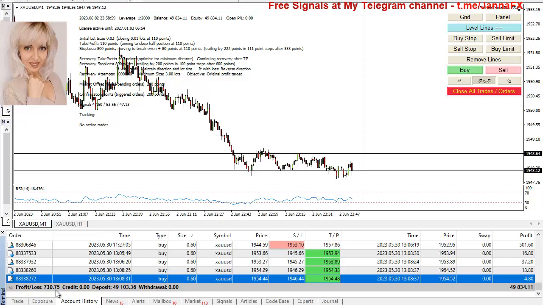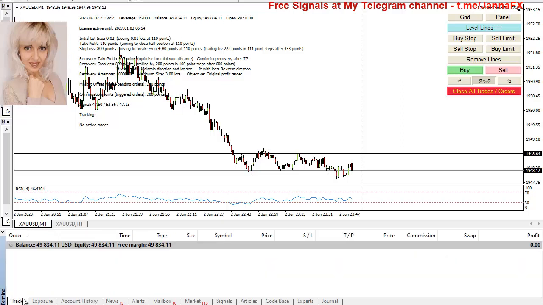We made 730, and I also, you see, guys, for example, I switched it off on Friday. I think doing it this way, because I didn't have any trades, it closed all the trades, and I thought I will just switch it off before the market was closed.